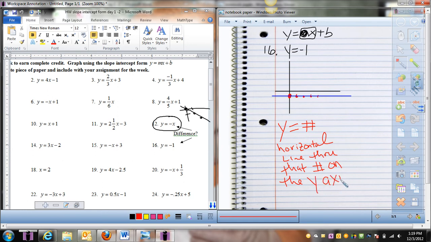And that's easy to remember because it's y equals. So this is y equals negative 1, so it's a horizontal line through negative 1.